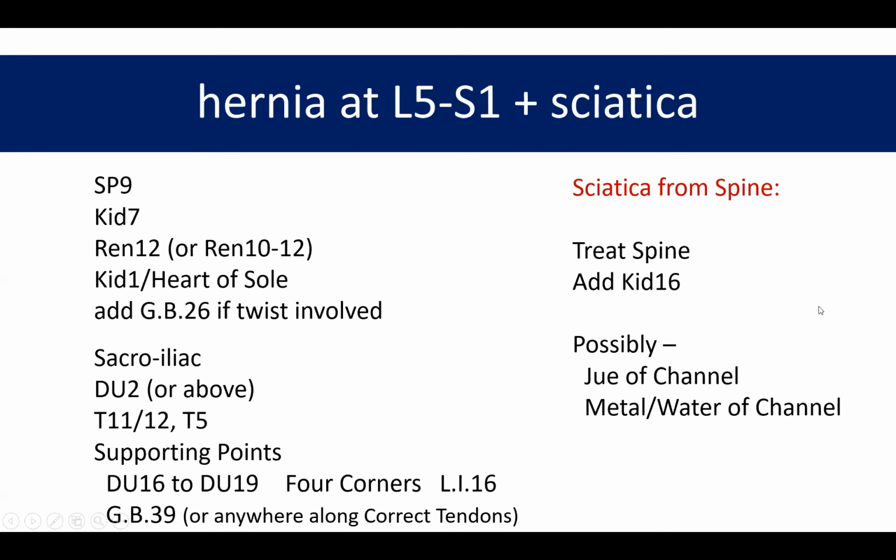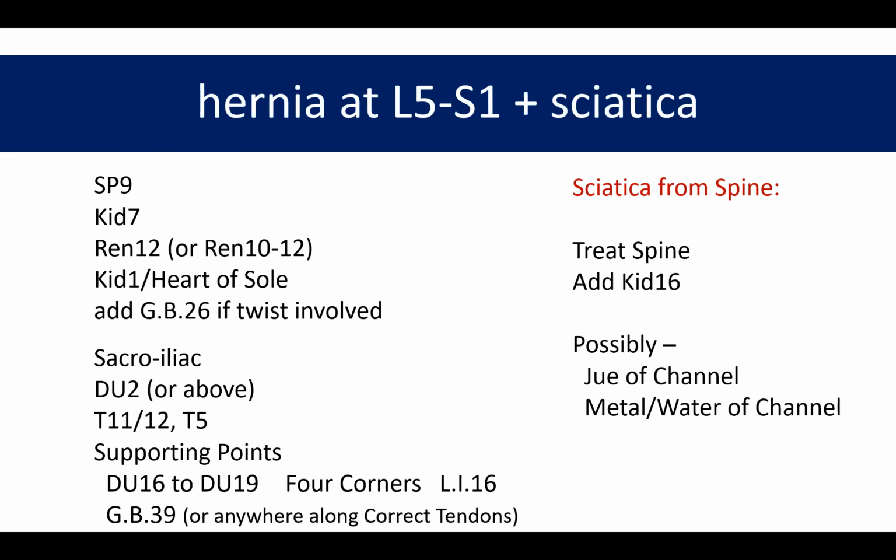For L5, your best point is spleen 9, and always add kidney 7 to it, because it's on the spine. Ren 12 or Ren 10, or towards Ren 10, 11, 12, that area relates to the spine, and in this case, we're talking about the lower spine, so we're going lower than Ren 12.